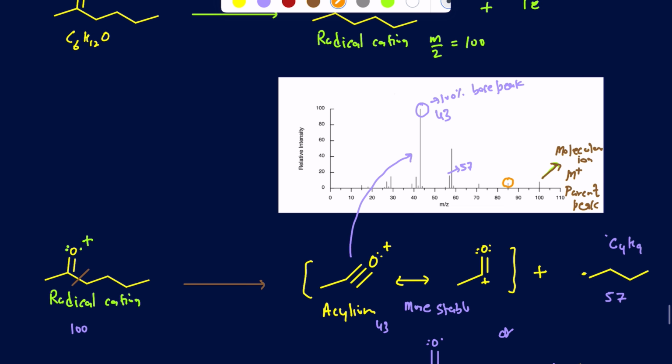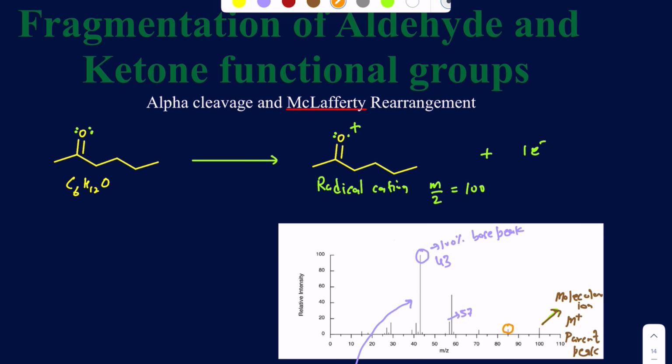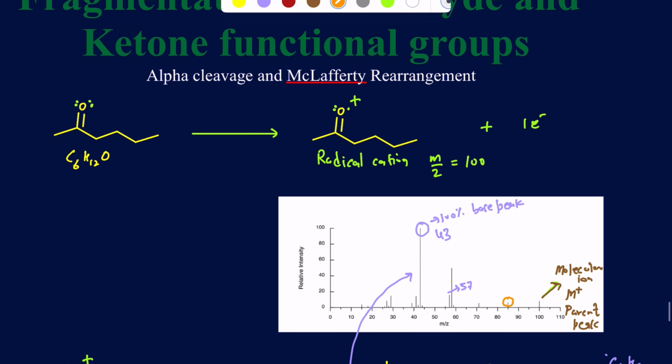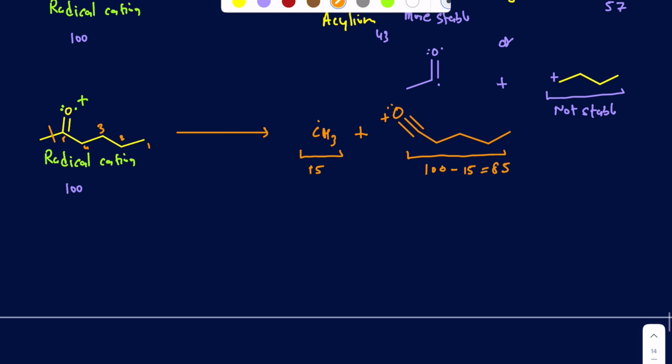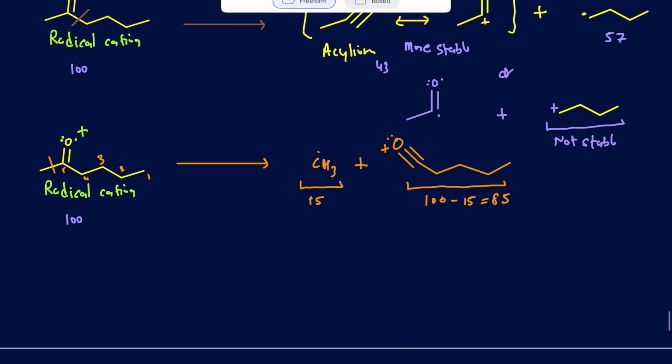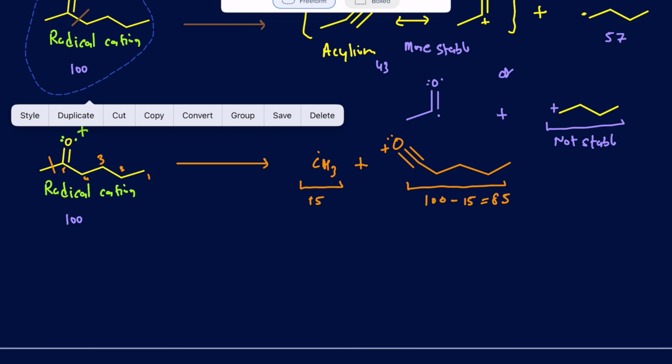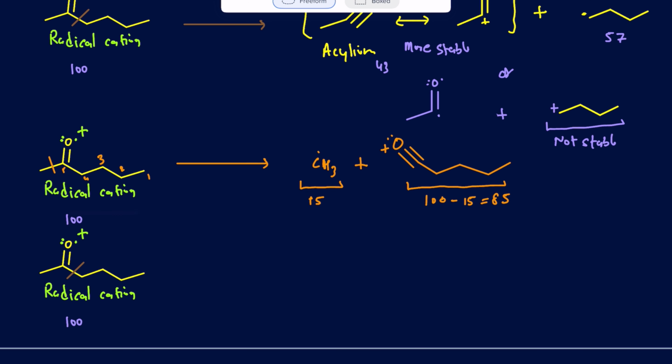Now, what if you do the McLafferty rearrangement? The way McLafferty rearrangements are usually done is if you have a beta and a gamma carbon. So let me copy this down here, and call this alpha, beta, gamma, and you can call this delta, the last one, but we don't really worry about it.